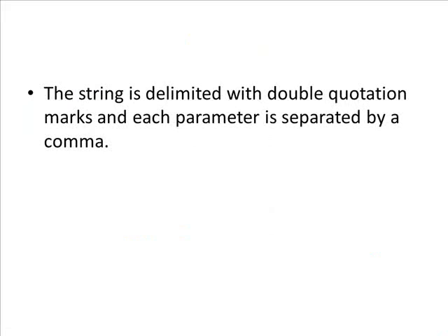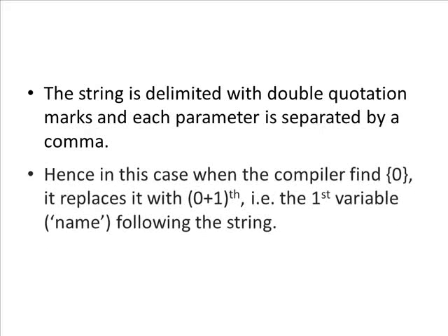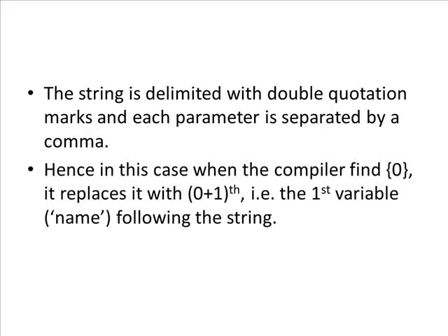The string is delimited with double quotation marks and each parameter is separated by a comma. Hence, in our case, when the compiler finds 0 enclosed with curly braces, it replaces it with 0+1, that is the first variable, which is name, following the string.